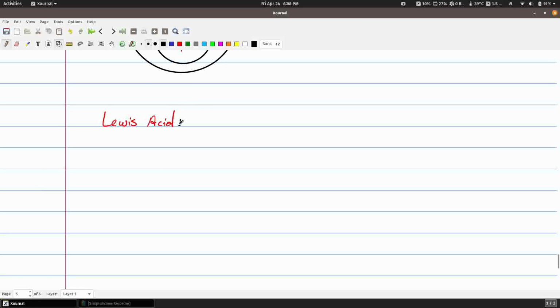So a Lewis acid, a substance that accepts an electron pair to form a covalent bond.